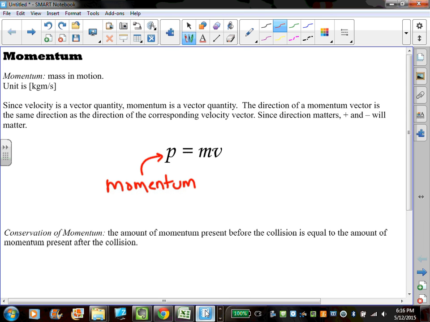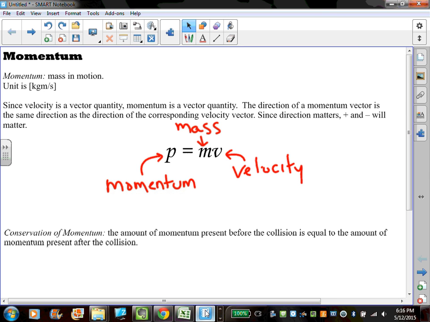And so momentum is equal to your mass, again measured in kilograms, times the velocity. So it's not too bad of an equation. As long as you can remember that lowercase p means momentum, m and v is stuff that we've already worked with, so this one is a short and sweet, easy equation to remember. p equals mv. It is momentum.